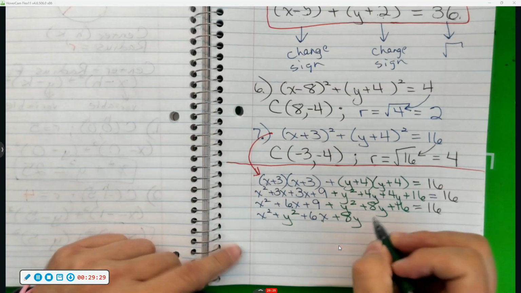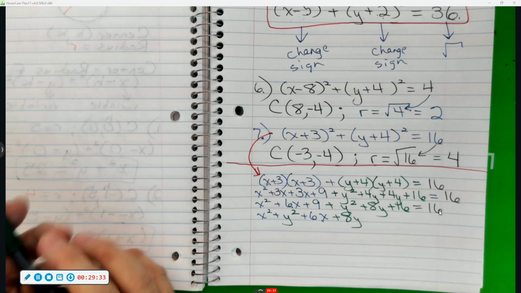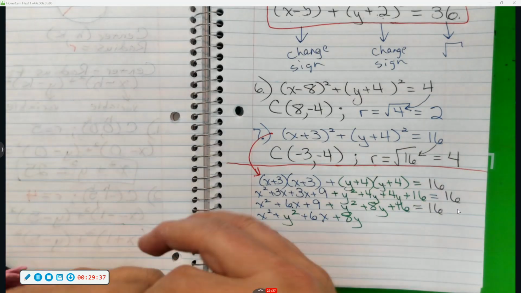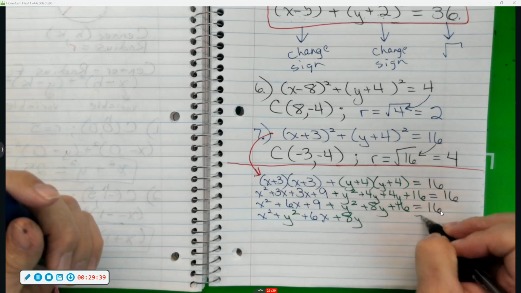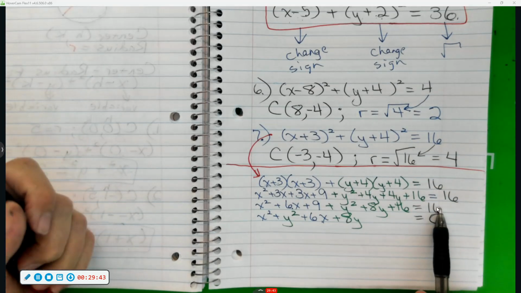I have a point for all this that I'm doing. And let's combine our constants. I want to get a 0 on the right-hand side. So what am I going to have to do with this 16?